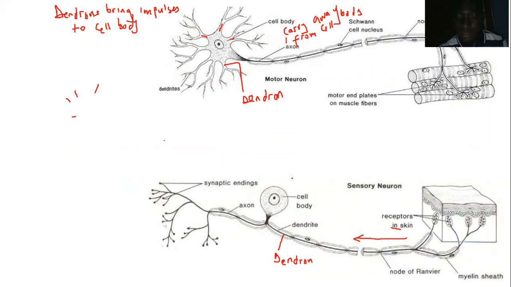That's another difference. And then another difference is that these motor neurons conduct impulses from the central nervous system towards the effector organs, but the sensory neuron conducts impulses from the receptors to the central nervous system, that is the brain and the spinal cord. But these ones, they get it from the brain and spinal cord, and then they take it to the effector organs.